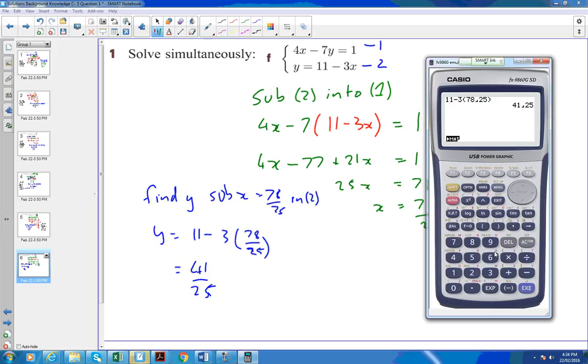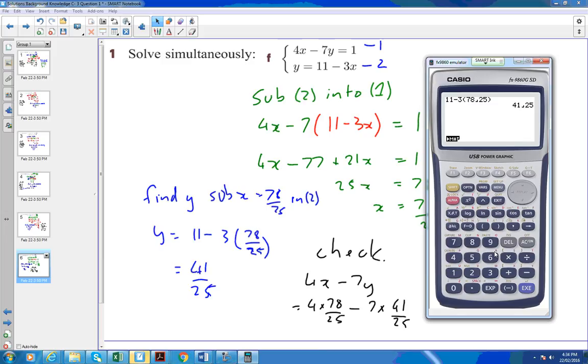And again, we need to check. So when we check, we have 4x take 7y equals 4 times 78 over 25, take 7 times 41 over 25. So again, I'm just going to do this on a calculator.